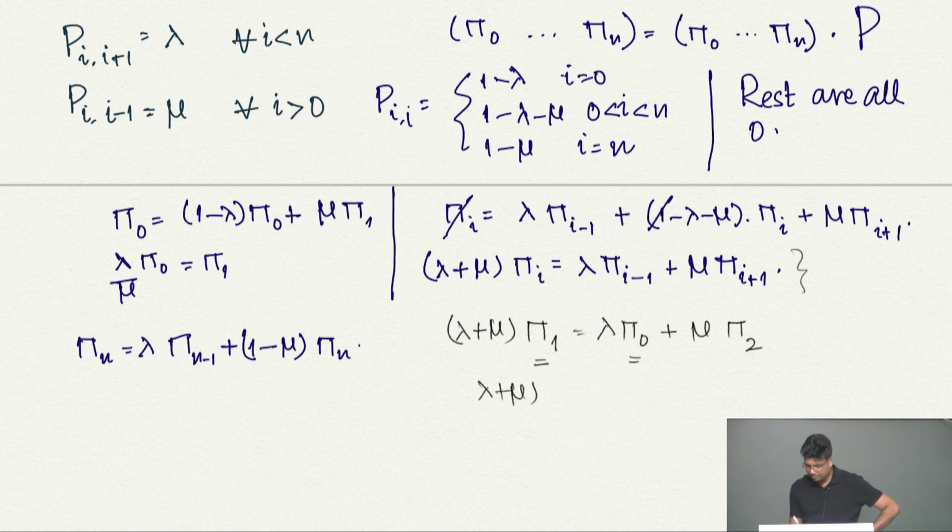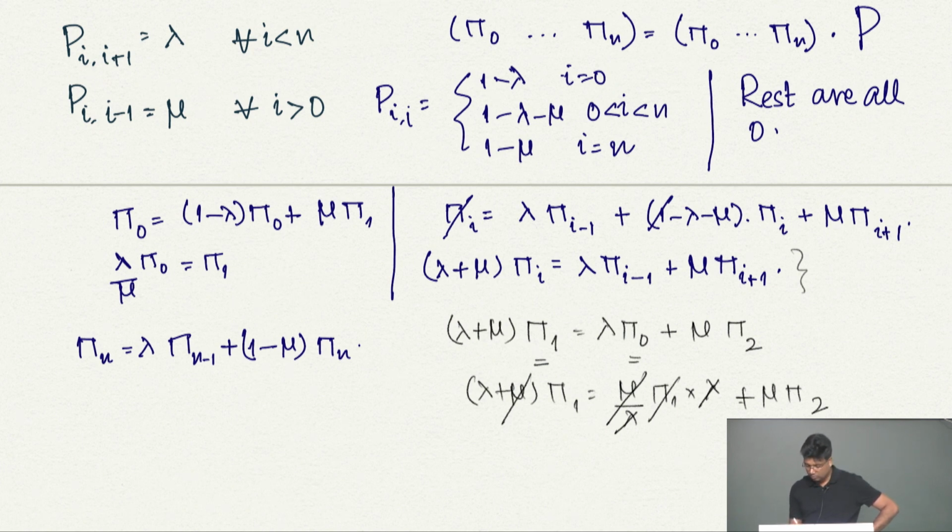Lambda plus mu times pi 1 is equal to mu by lambda times pi 1 times lambda. Right, these get cancelled off. Mu pi 1 gets cancelled, plus mu pi 2. So this gets cancelled with this.